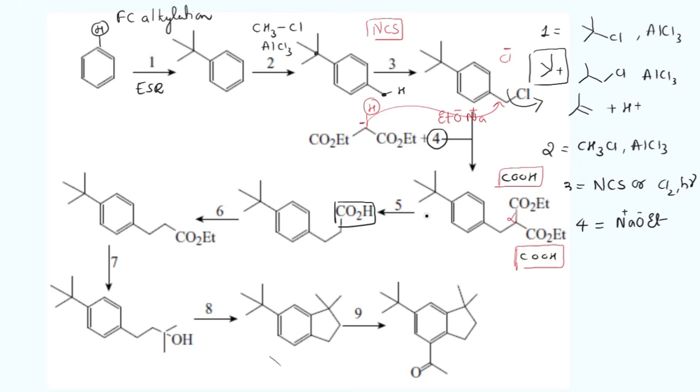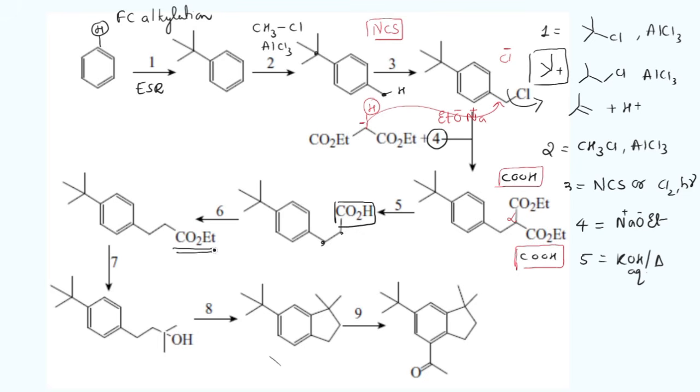So for that we need a basic medium. First hydrolyzing the ester and then decarboxylation means KOH, right? Heating condition. Obviously this will be aqueous. So the aqueous KOH upon heating is going to form monocarboxylic acid. For the next reaction, you can see that the number of carbons is the same here, CH2, CH2, but this acid is converted to an ester.